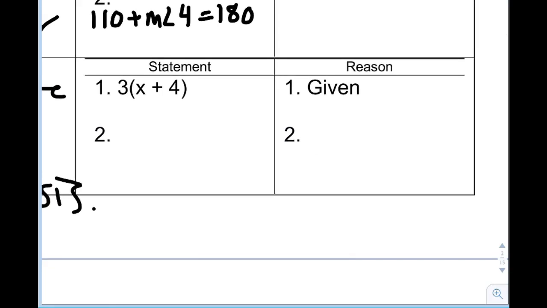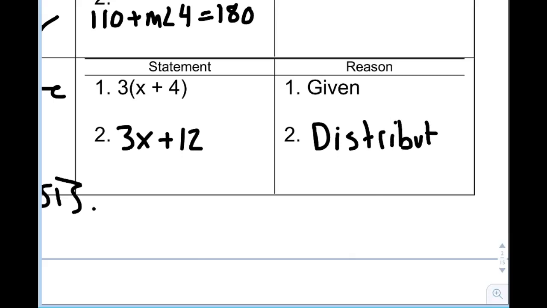We won't see this one as often in geometry, though it does happen. When we distribute the 3, you've had 3x plus 3 times 4 is 12, and this is distributive. Distributive property.